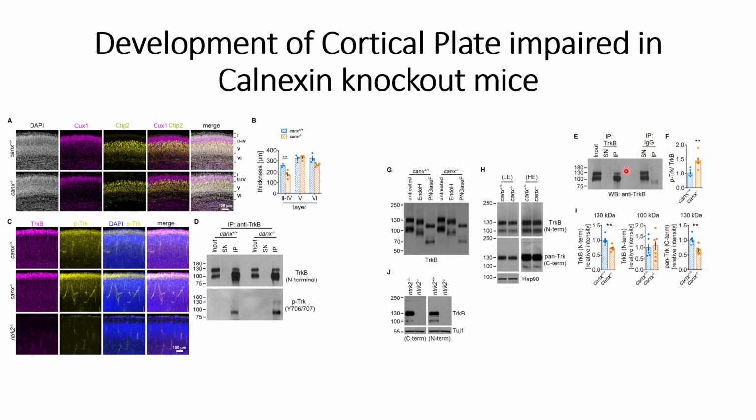This acts as a control, whereas when they use the TRKB antibodies, they can see a high amount of TRKB, at around 100 kilodaltons and also at around 130 kilodaltons.